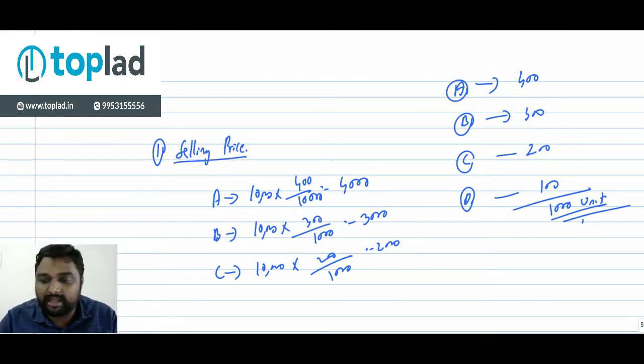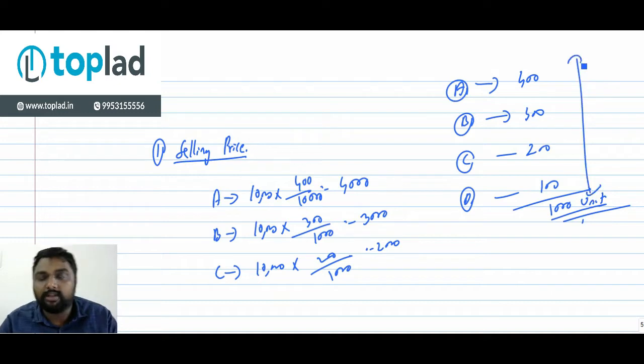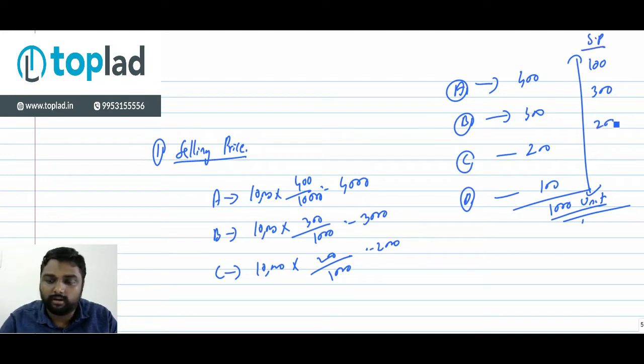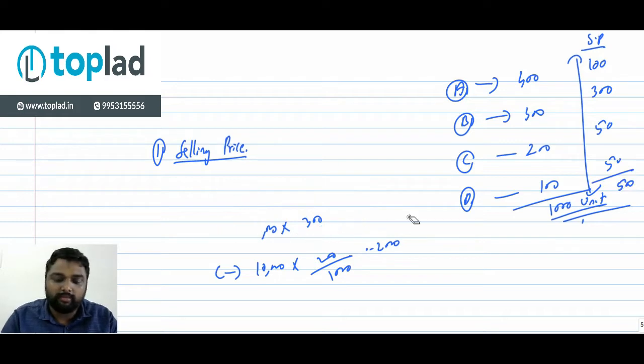Let's say the selling price of A is 100, here it is 300, here it is 200, not 200, 50. So total selling price is 500. So how will we assess on the basis of selling price?